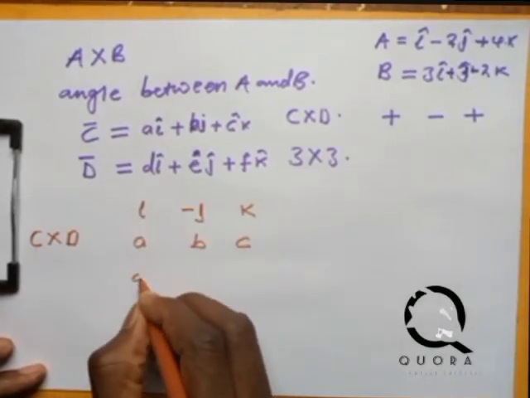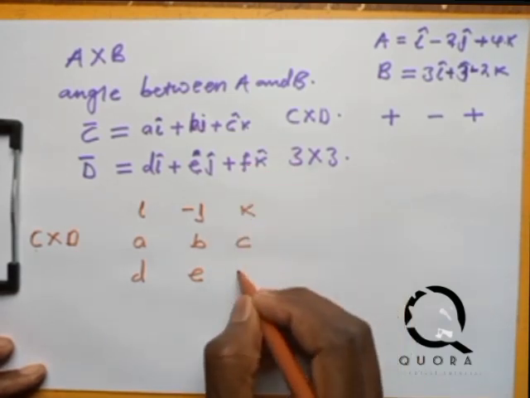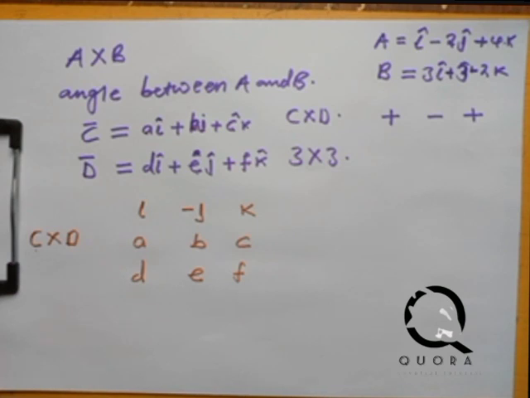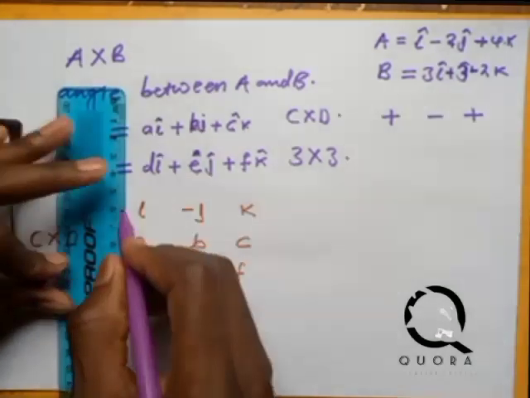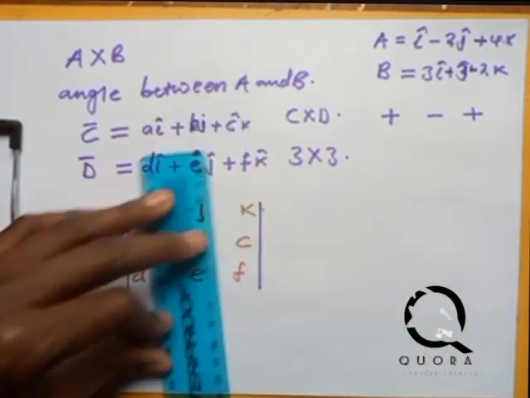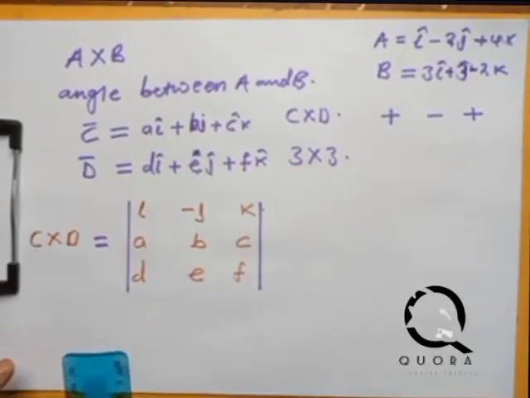This one, say D. That one, I'll say E. And this one, I'll say F. Okay. So this has to be written in the form of a matrix. So say equal to.